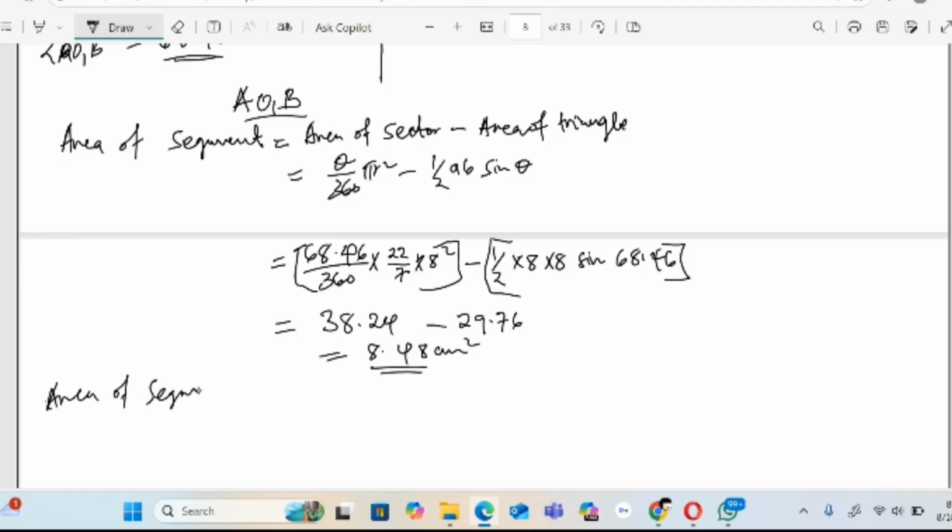which is still given by the same formula, area of sector minus area of triangle. Formula remains theta over 360 pi r squared minus a half AB sine theta.